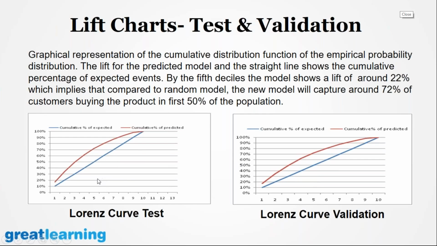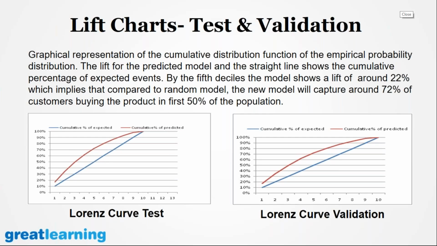By the fifth decile, the blue line is the cumulative percentage of expected and the red line is the cumulative percentage of predicted. If we do not use any model, the blue line is what comes out, and if we use a predictive model, it's the red line, which shows the lift.